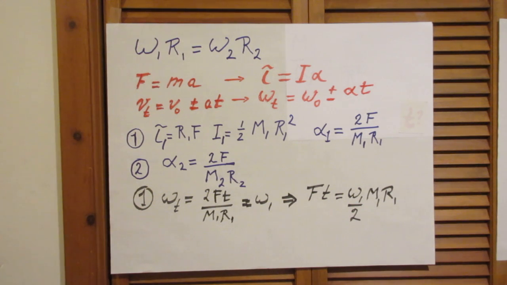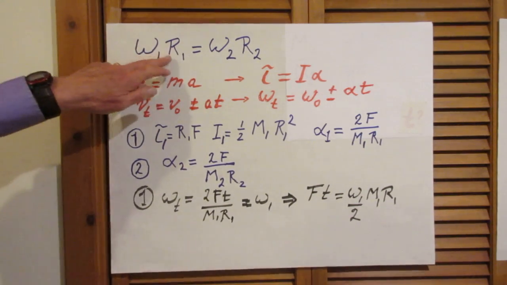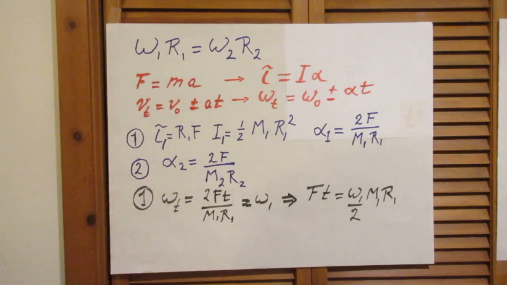And you will then also know why in the final state, which I have called jokingly the equilibrium state, when the angular velocity omega of disk 1 is no longer changing, and the angular velocity of disk number 2 is also no longer changing, that in that equilibrium state, omega 1 R1 equals omega 2 R2 in magnitudes.